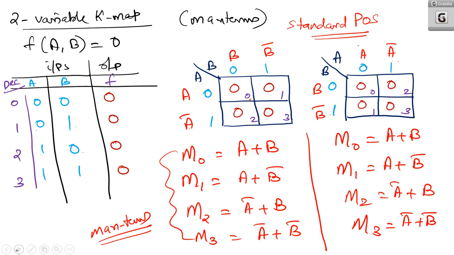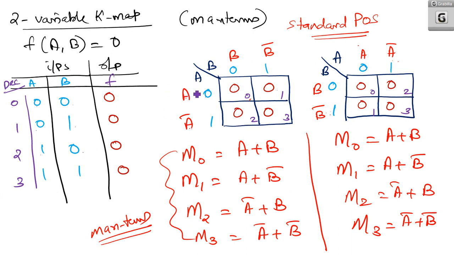In the case of two variable K-map, if we are having the maxterm type of representation, we are having A or B, A or B bar, A bar or B, A bar or B bar. Okay.